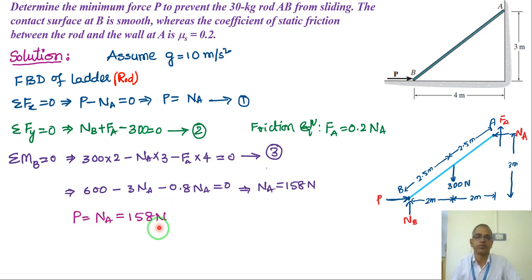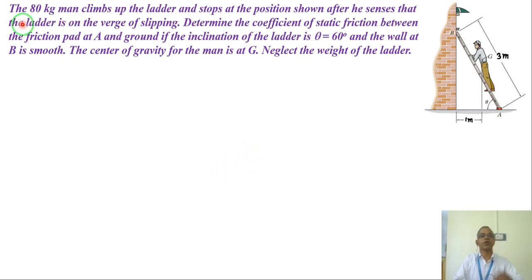Very simple. So let us solve one more problem like this. This is a problem where an 80 kg man climbs up the ladder and stops at a position shown after he senses that the ladder is on the verge of slipping. He is climbing, somewhere he is sensing, his sixth sense says I may fall down. So it's verge of slipping.